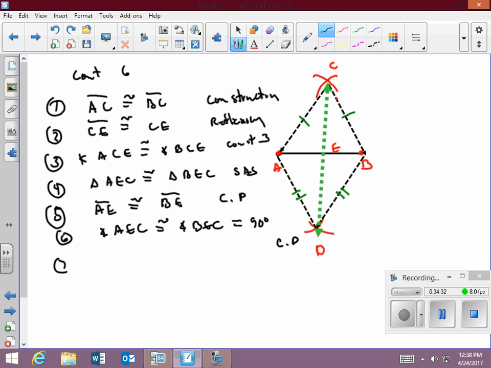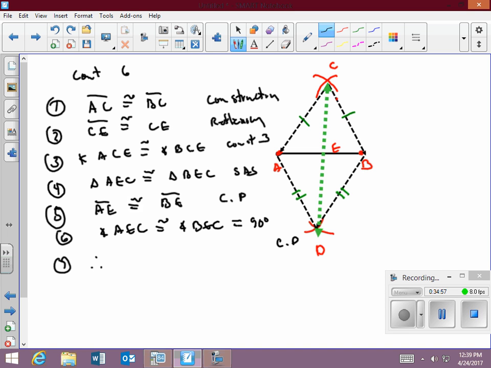And then I'm going to say that, not a proof, but it shows that CE is perpendicular bisector of AB. They're the same.